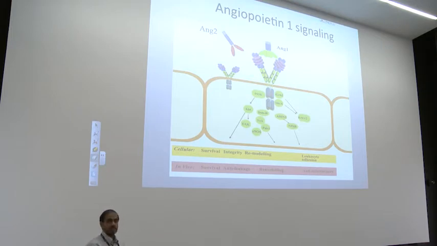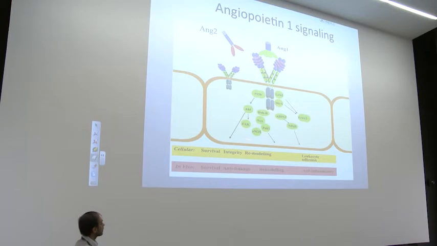The way the angiopoietins act is on a complex of protein receptors present on the surface of these endothelial cells. As you see, the angiopoietin 1 molecule binds to the receptor, and within the cell you have secondary messenger molecules which are activated.